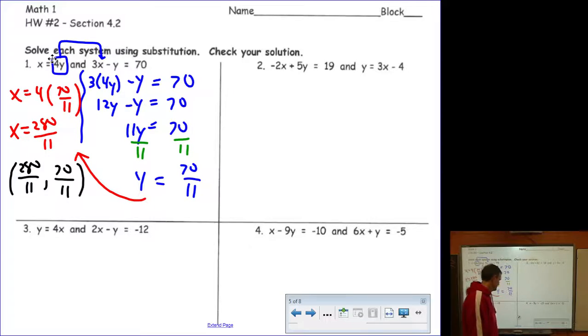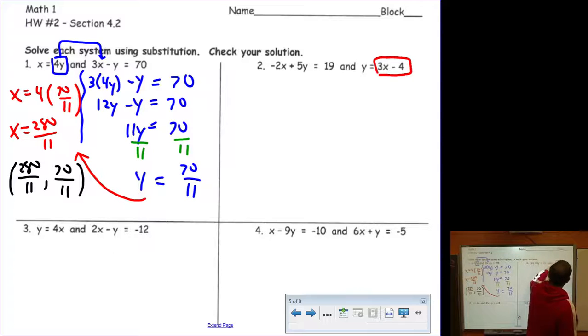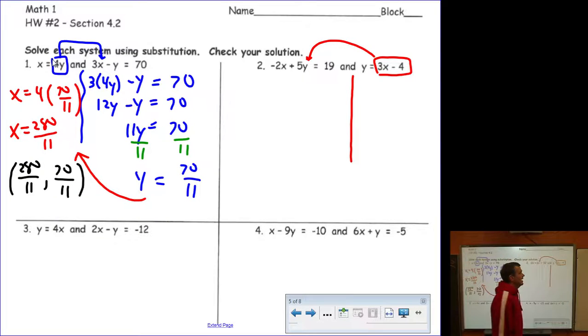Number 2. Let's see, number 2 is also nice because the y is already by itself, and it equals 3x minus 4. So I can go ahead and take that and replace it or substitute it into the other equation in place of the y.